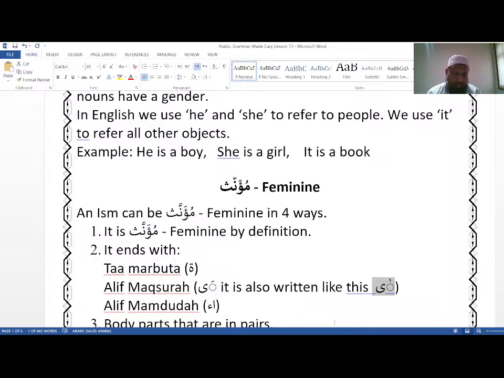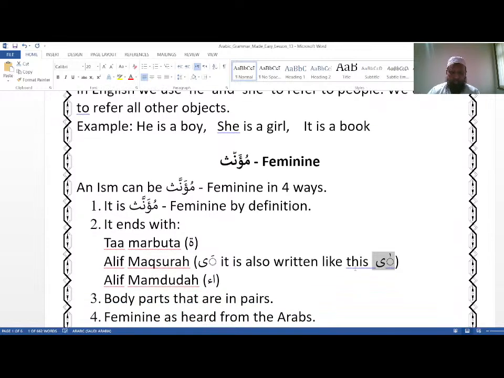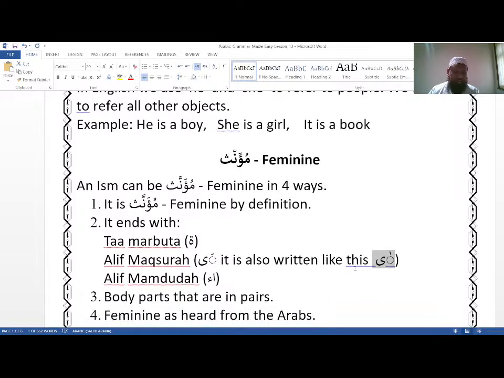And number 3, it ends with alif mamduda. That is ending with alif and hamza. This is alif mamduda. Number 3, body parts in pairs. All the parts we have on our body that are in pairs, they are all muannas.